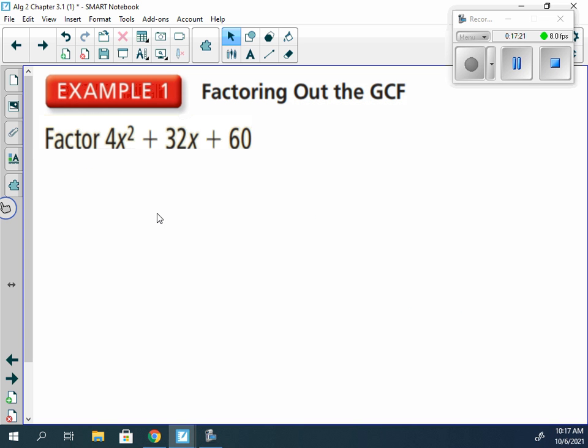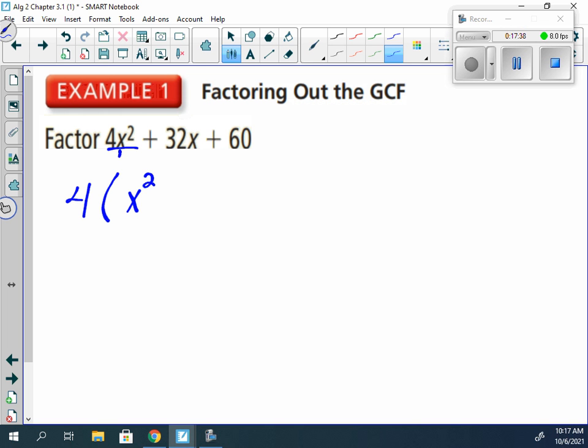Let's look at another one. 4x squared plus 32x plus 60. There is a greatest common factor of 4. So we can factor it out. Because 4x squared divided by 4 would be x squared.